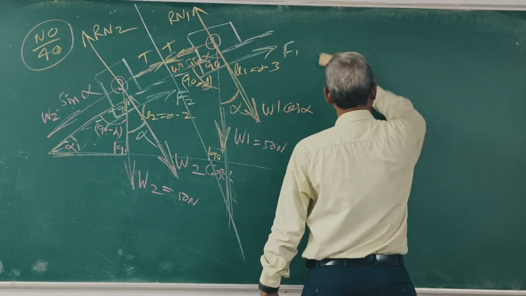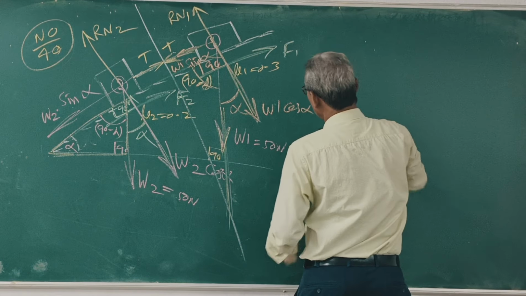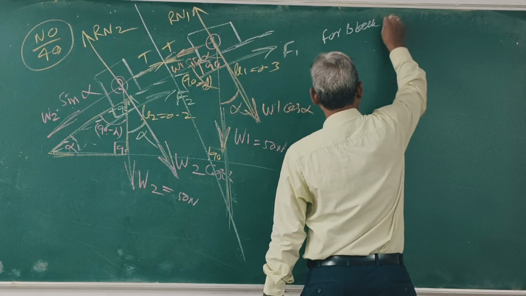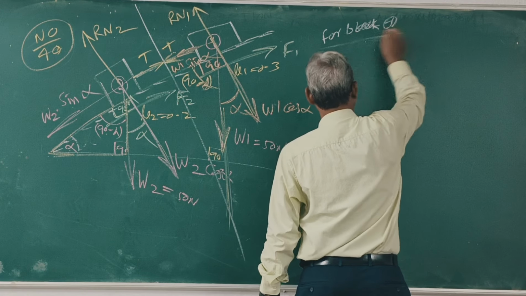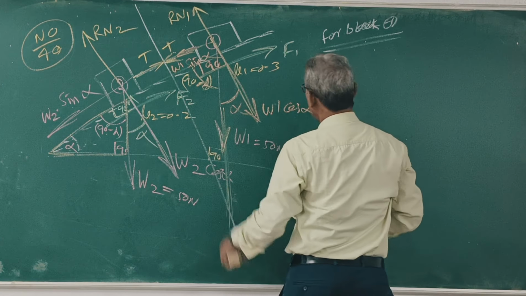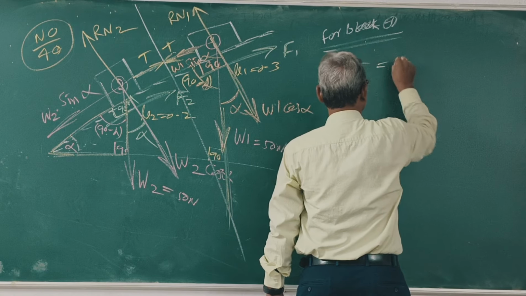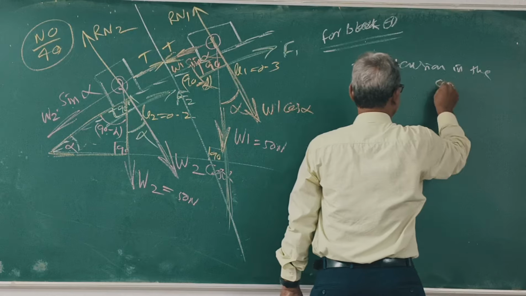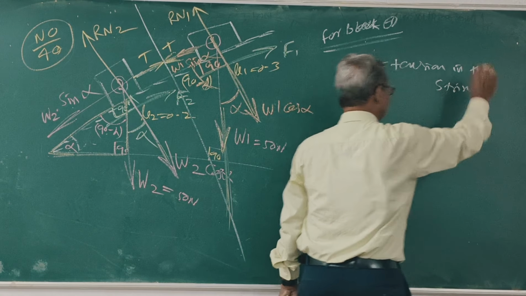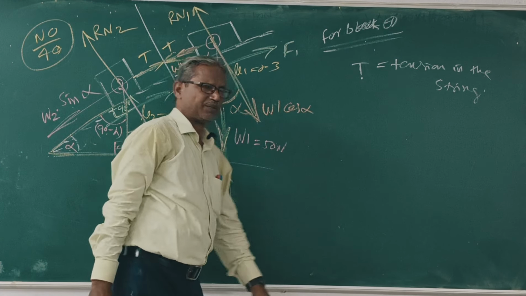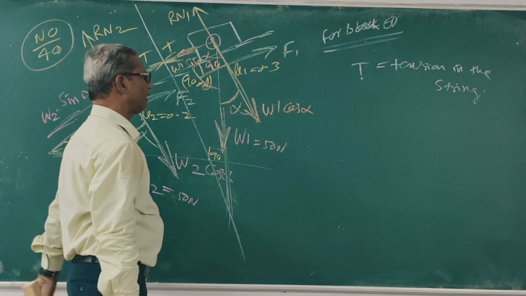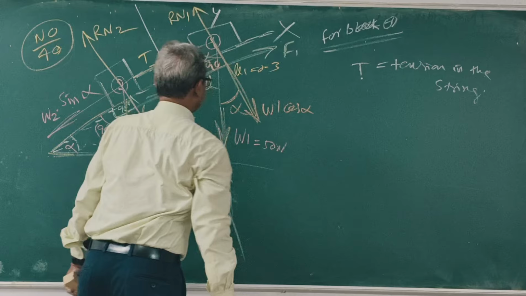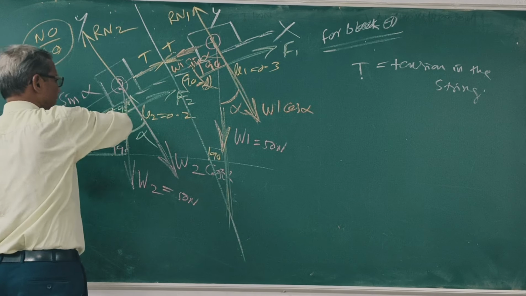Now, for block 1, for T, what is T? T is equal to the tension in the string. Now for block 1, this is the y-axis, this is the x-axis. So for block 2, this is the y-axis, this is the x-axis.